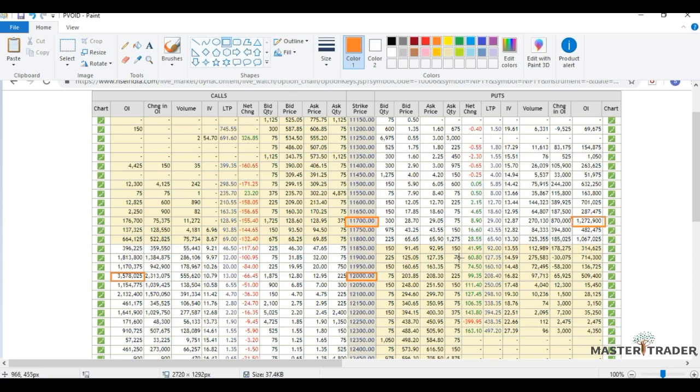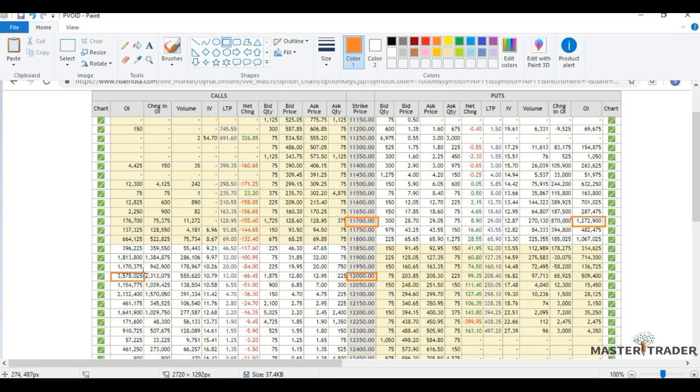Now, vice versa, same thing on the call side, right? If we come to the call side, and we see that the highest open interest buildup was at this 12,000 strike price, of 35 lakh contracts, and this is sellers' data, that means 35 lakh contracts have been written at this 12,000 strike price.